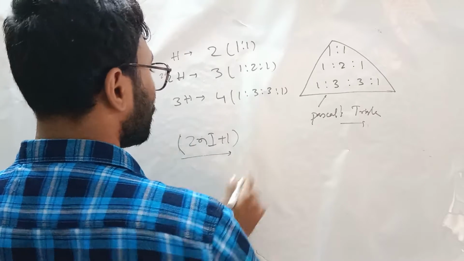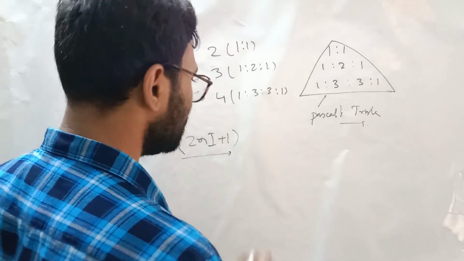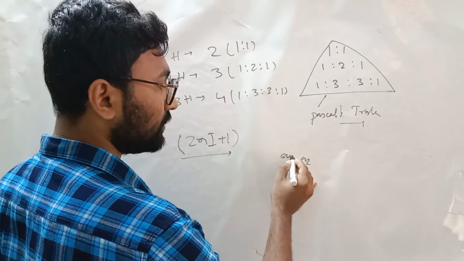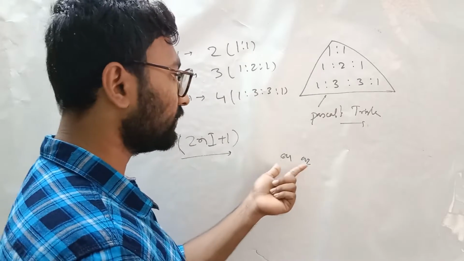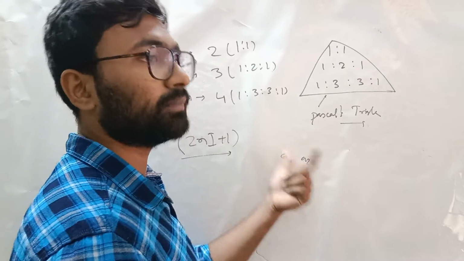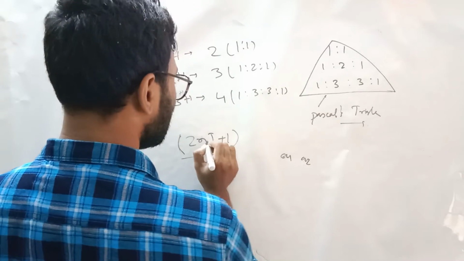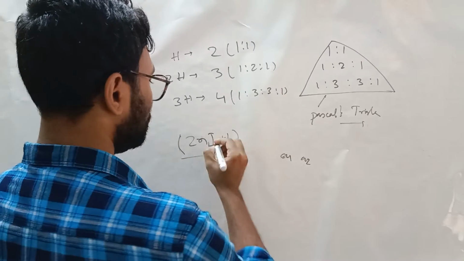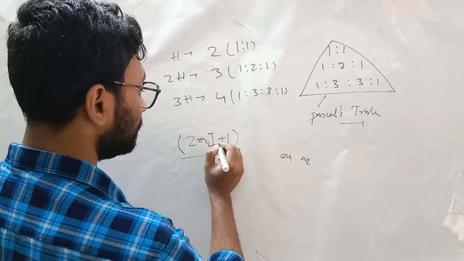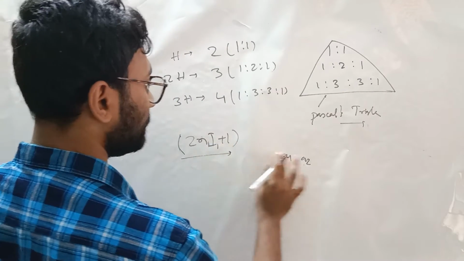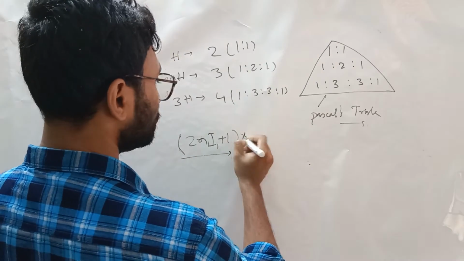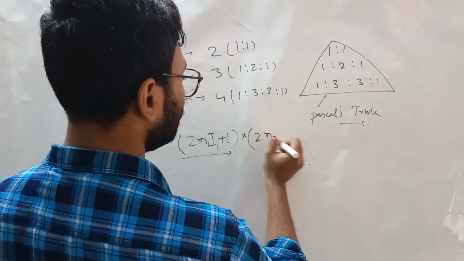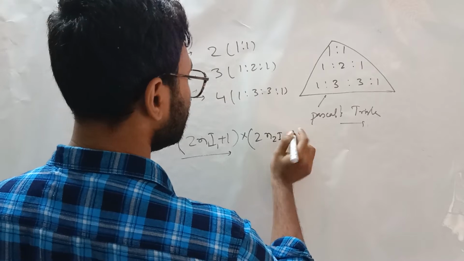Just like probability, in each case of A2, A1 will split again, so the number of lines will multiply with that. So if there are n1 nuclei with I1 and n2 nuclei with I2, the total number will be (2n1I1 plus 1)(2n2I2 plus 1).